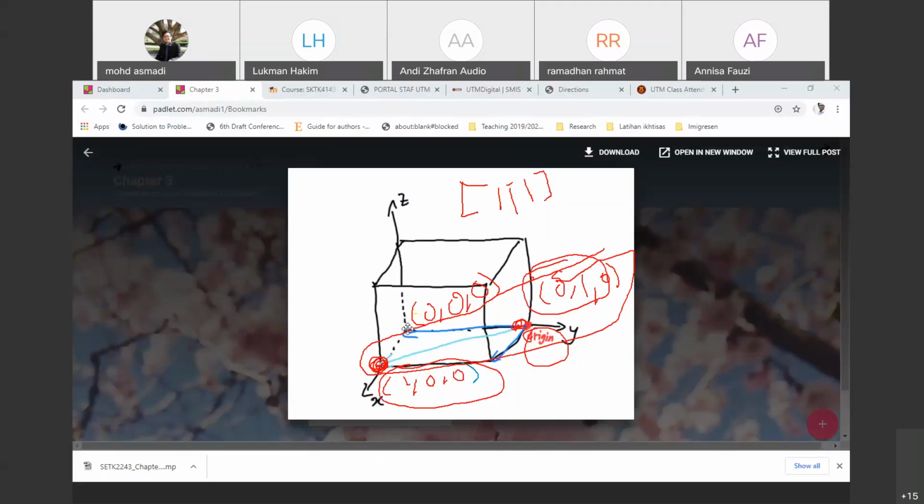Generally we define this one as the original origin, and this one is a new origin. So if you look here, 1, 0, 0, if you want to check, minus 0, 1, 0, we can get the answer is 1, minus 1 and 0. So that is correct.